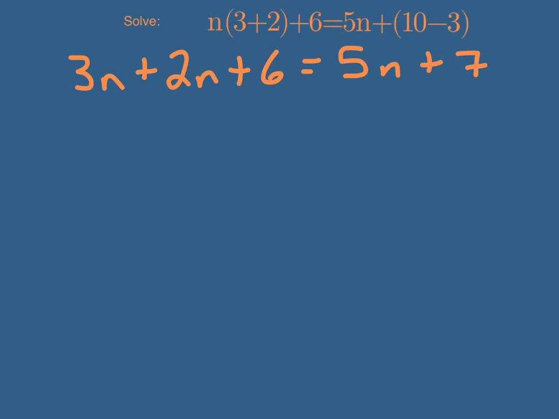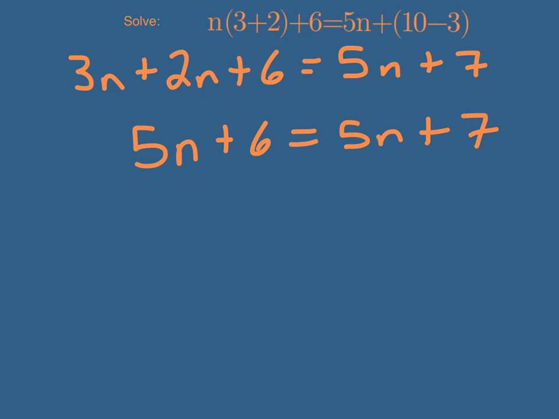Now I can combine like terms on my left and on my right. On my left, I have 3n plus 2n. I can combine them because they both have the variable n, and they're both the same degree. So that's 5n plus 6 equals 5n plus 7.